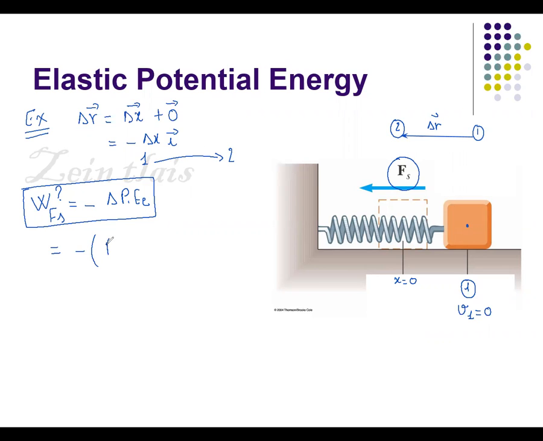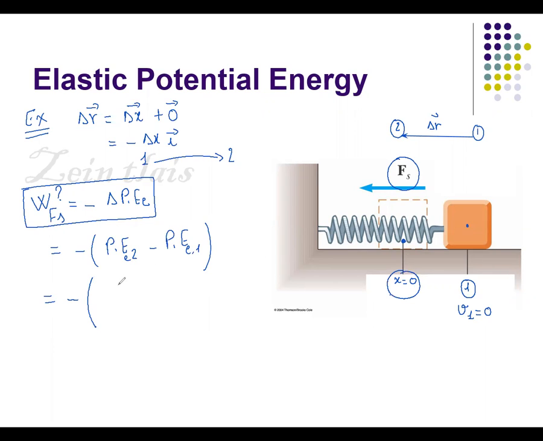Delta potential equals the elastic potential at the position 2 minus the elastic potential at the position 1, equals minus, at the final position here we have x equals 0.